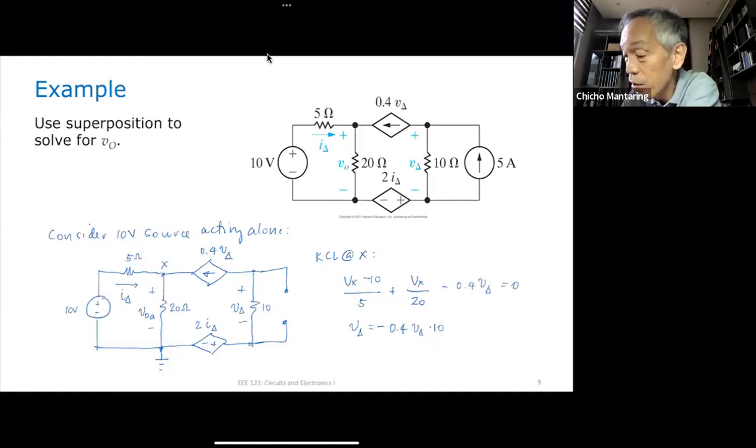In essence, meron akong 10 ohms. Meron akong current dito na 0.4 V delta. Right? So magkakaroon ako ng voltage plus minus 0.4 V delta times 10, which is equal to negative of this V delta.